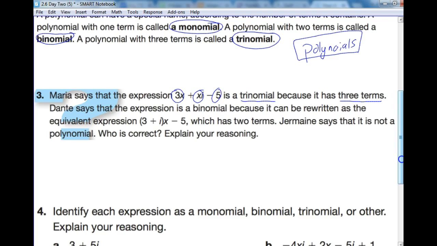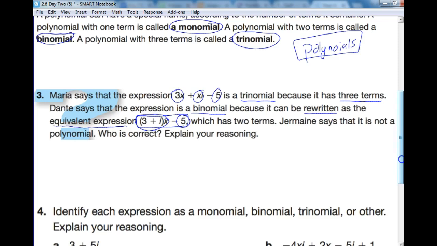Then Dante says, no, it's not, it's a binomial, because I can rewrite it into an equivalent expression of (3 plus i) times x minus 5. And now I am seeing two terms, the first term here and the second term here, separated by a subtraction.